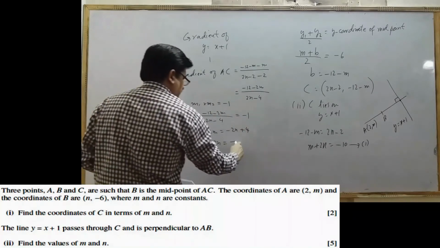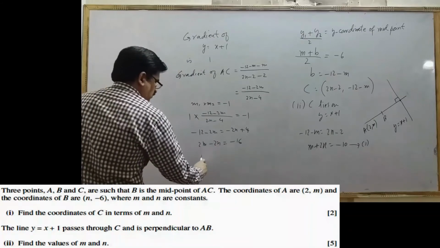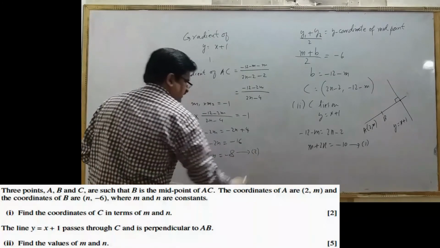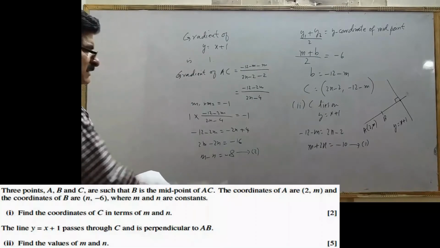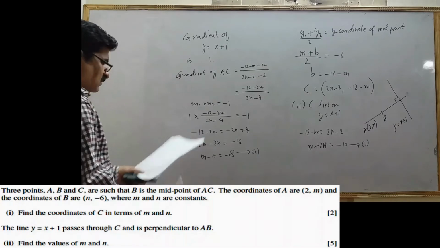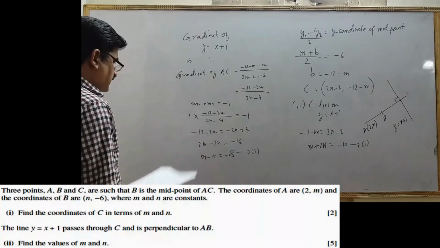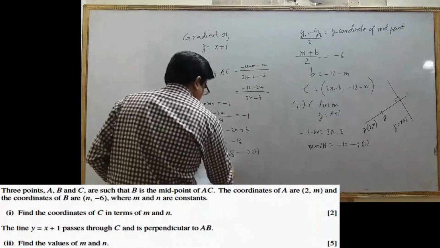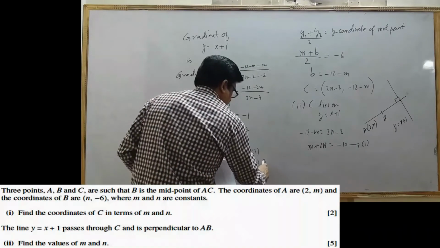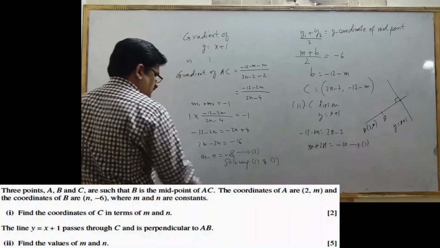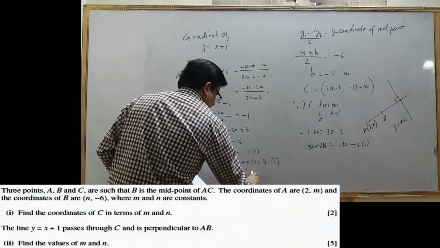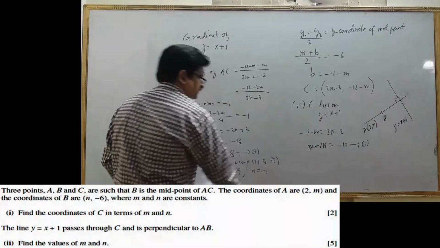Shifting 4 to the left, this is minus 16. Taking 2 common, I will get this is equal to minus 8. So this is the second equation. Now solving 1 and 2, as you know how to solve, by the usual method, you will get m is equal to -9 and n is equal to -1.